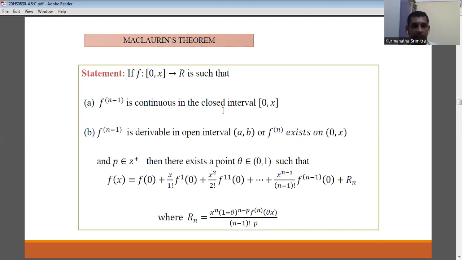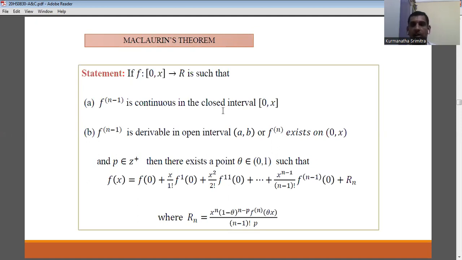The same conditions are there: the (n minus 1)th derivative is continuous on the closed interval [0, x] and derivable on the open interval. Then there is p belonging to Z plus and theta belonging to (0, 1) such that f of x equals f of 0 plus x by 1 factorial f dash of 0 plus x square by 2 factorial f double dash of 0 and so on, plus x power n minus 1 by (n minus 1) factorial times the (n minus 1)th derivative of f at 0, plus Rn.